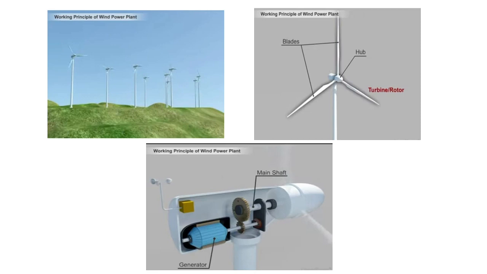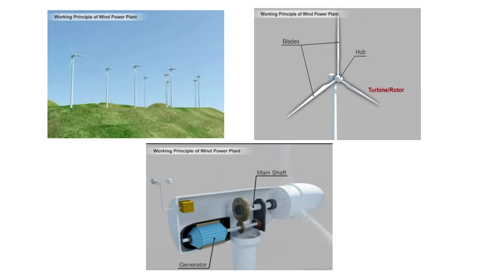Wind energy is a form of solar energy which is produced because of the uneven heating of the earth by the sun. Wind energy is renewable energy and it helps to keep the environment clean.